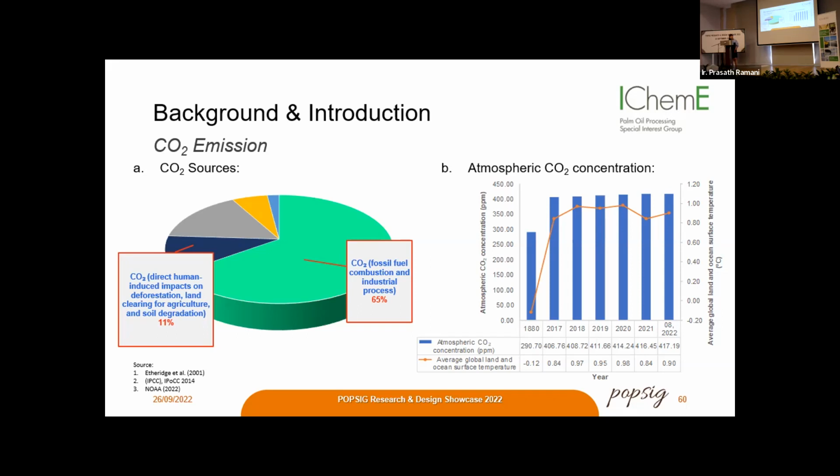This causes the atmospheric CO2 concentration to increase to 417 ppm in August 2022, leading the average land and ocean global temperature to increase by 0.9 degrees Celsius. Therefore, the adsorption process on activated carbon was imposed to capture this high CO2 emission.